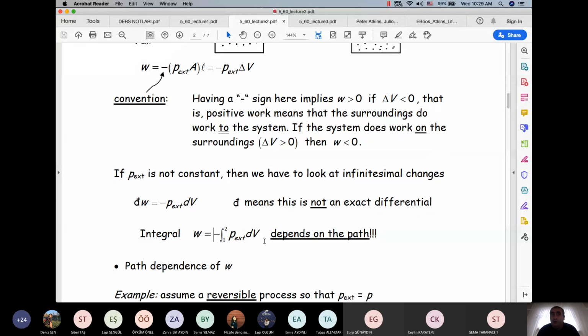So the work, as you see, depends on the path. The energy, we will see, is not path dependent. Enthalpy, free energy, entropy are not path dependent, but the work and heat are path dependent. It is important to know how you go from one point to another.